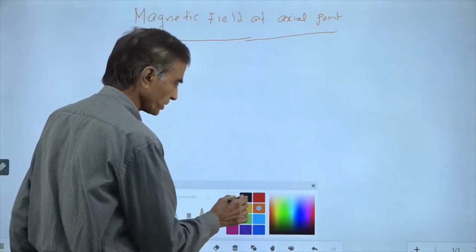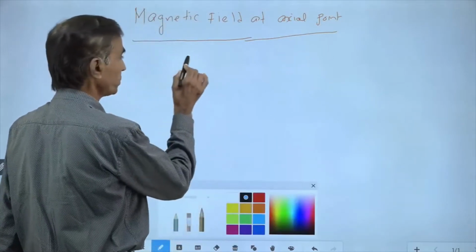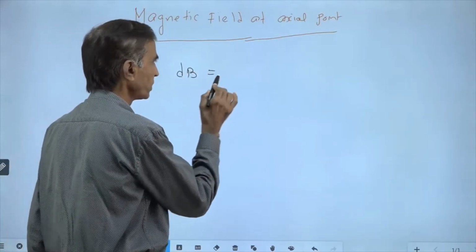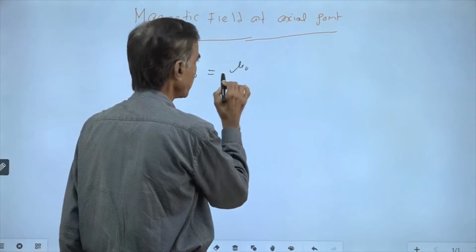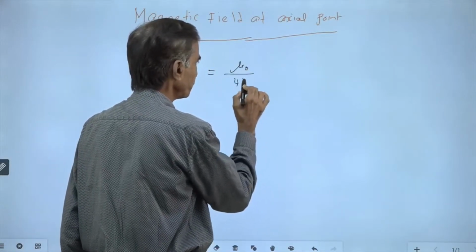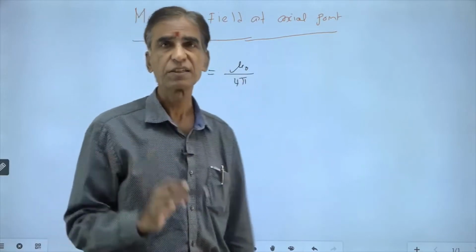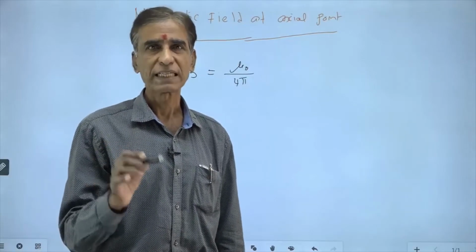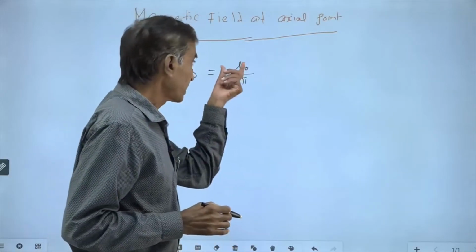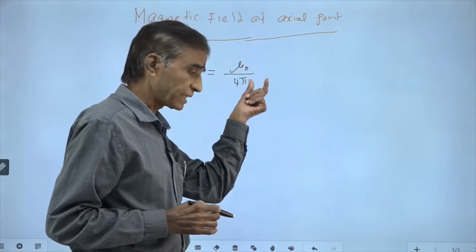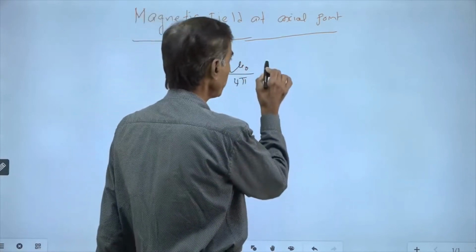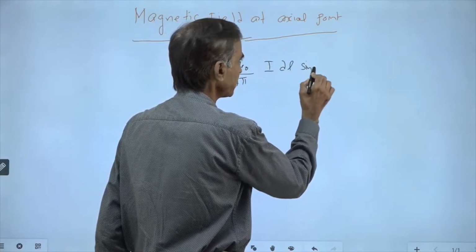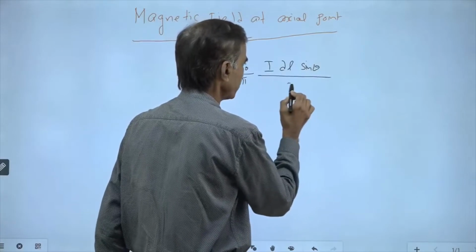The magnitude of the magnetic induction dB is equal to mu naught by 4 pi, a proportionality constant in physics, where mu naught is 4 pi into 10 power minus 7, times I dl sin theta upon r square.